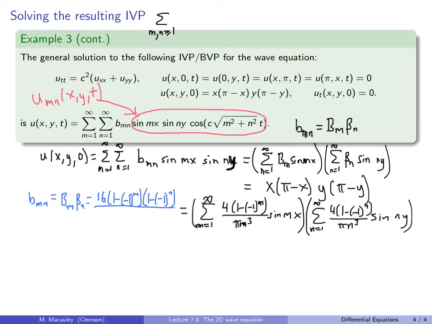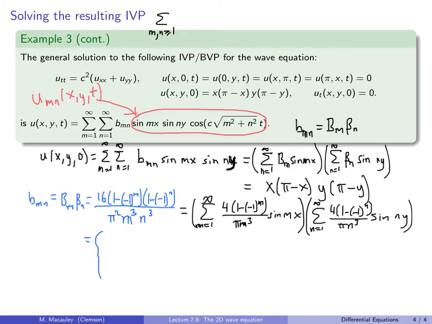And on the bottom, we have pi squared, m cubed and n cubed.